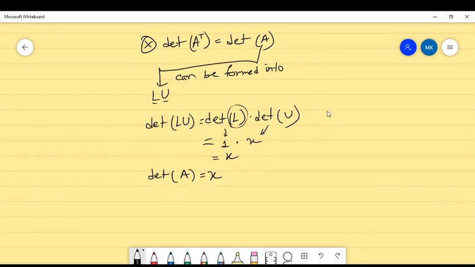Alright. And if you have the transpose, A equals LU, so what is A transpose? A transpose is in fact U transpose times L transpose.